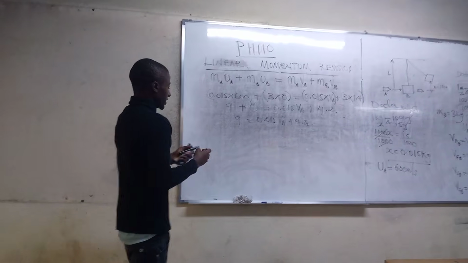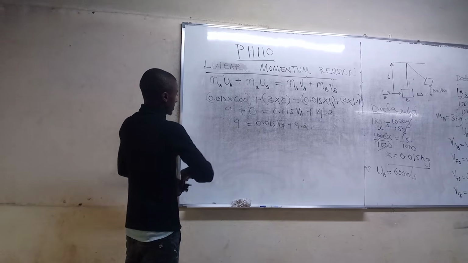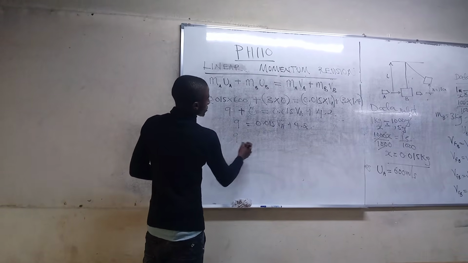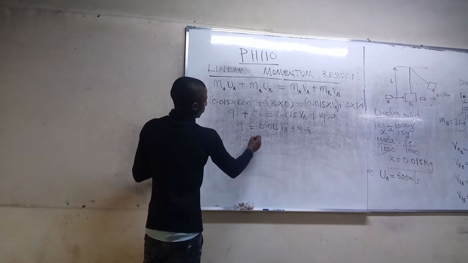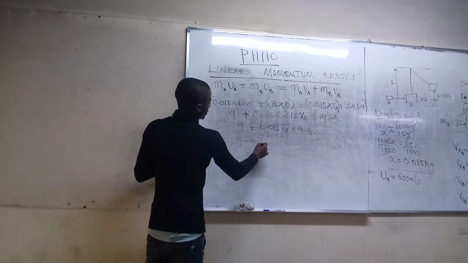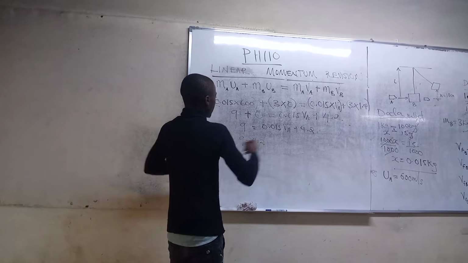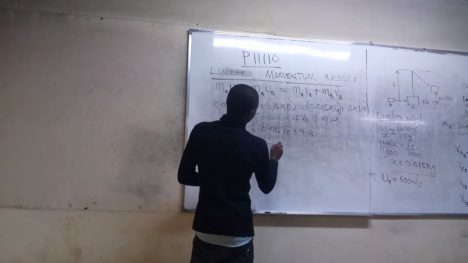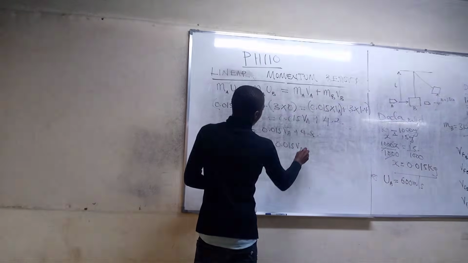So collection of like terms. So the numbers are similar, so that is 9. So this positive 4.2 crosses the equal sign to become negative 4.2 also, so from there we are going to remain with 0.015 VA.